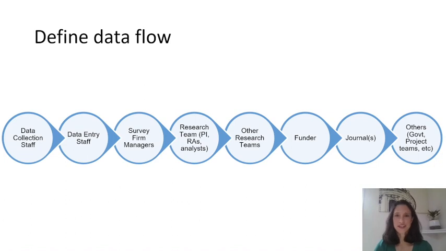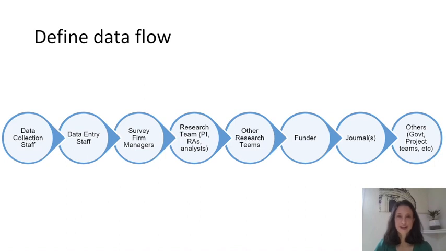But of course, in the spirit of transparency and working toward data sharing, data handlers move beyond that. So there are other research teams where we may want the data to be accessible to them for reproducibility, for extending the analysis of the study. There are funders who may want access to the data.